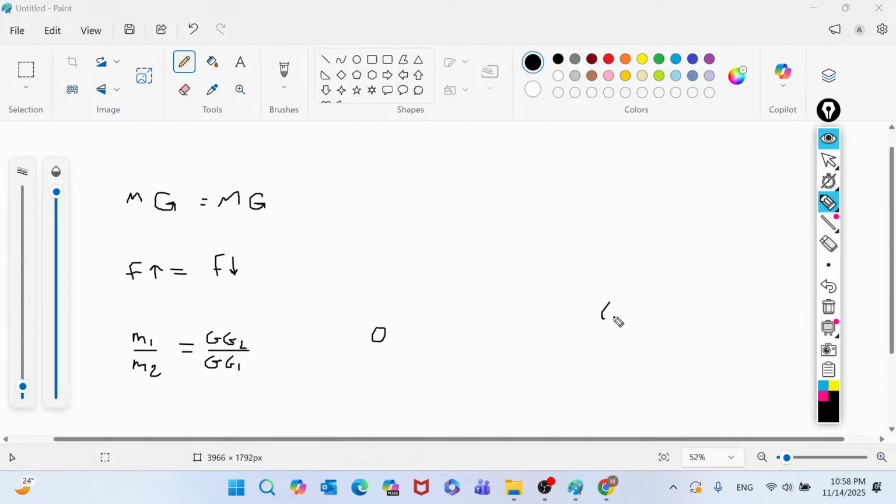Let's say I have two objects, object A and object B. The center of gravity of A is going to be in A. So this is G1 and this is G2. The center of gravity G of both of them is going to be somewhere between them.